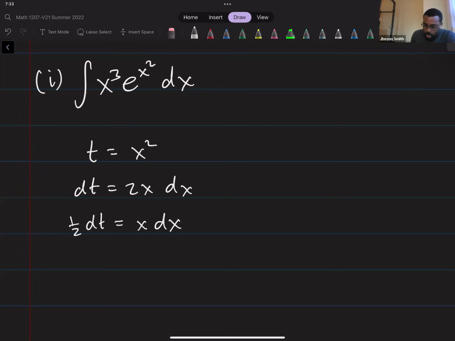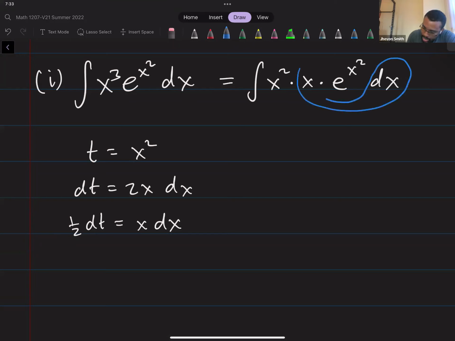So if you do that, you realize that the x cubed is like an x squared times an x times an e to the x squared. So you know that this part here, the x dx, is your 1/2 dt.